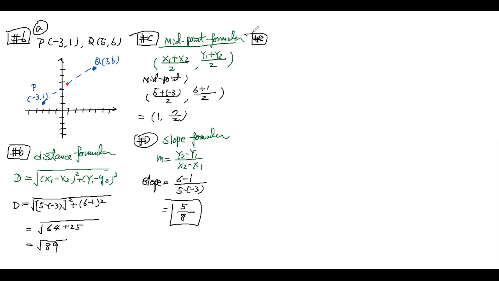Now let's take a look at part E here. Part E talks about finding the perpendicular bisector of the line that contains P and Q, right?